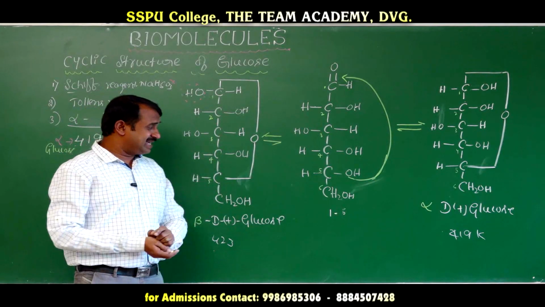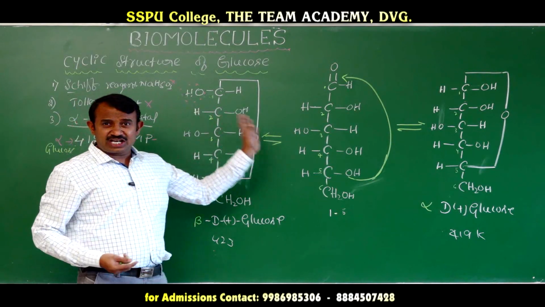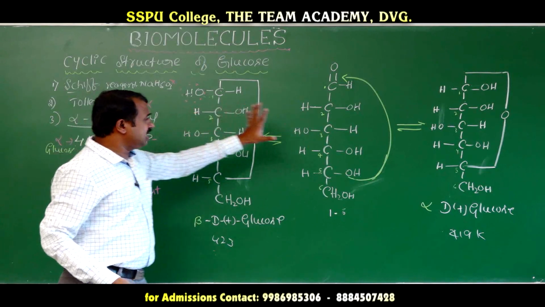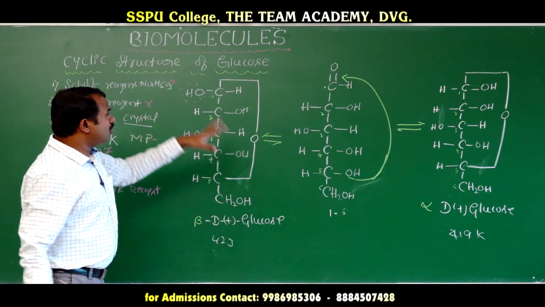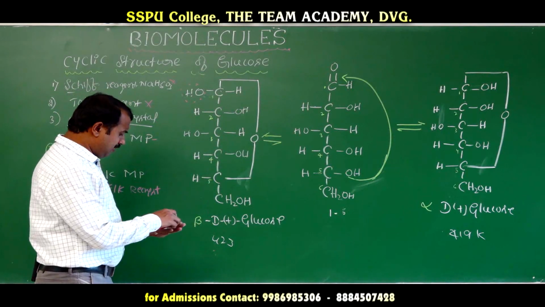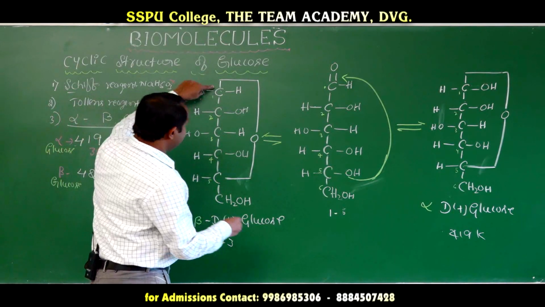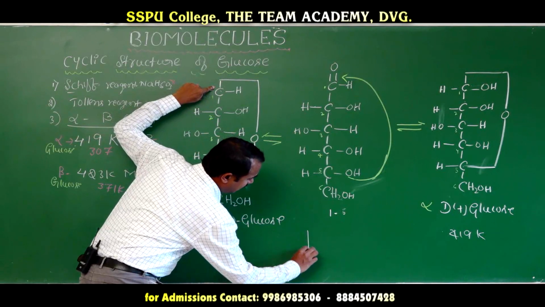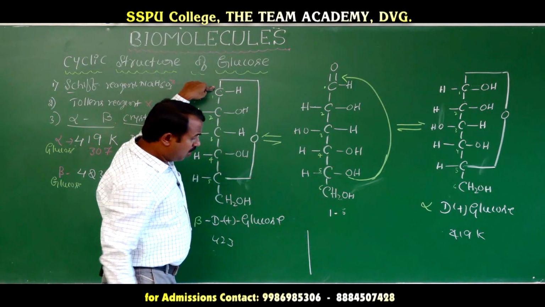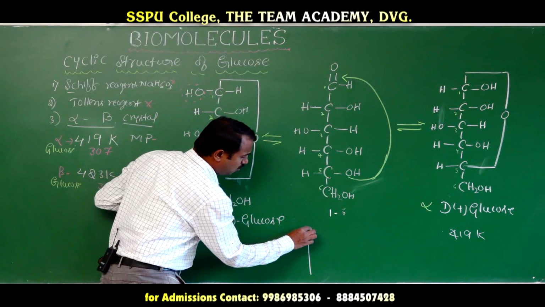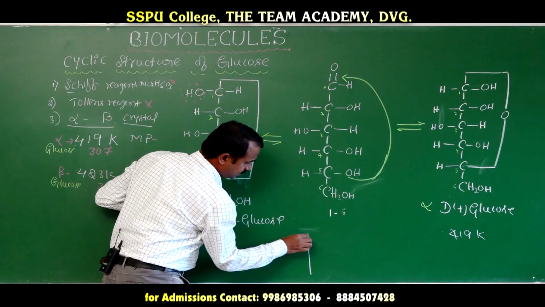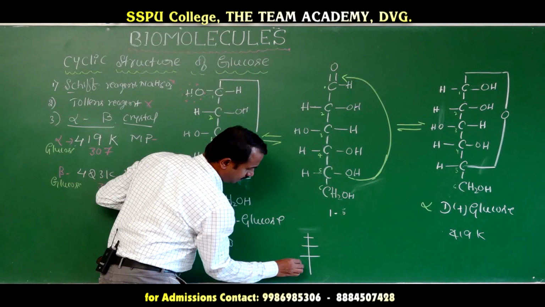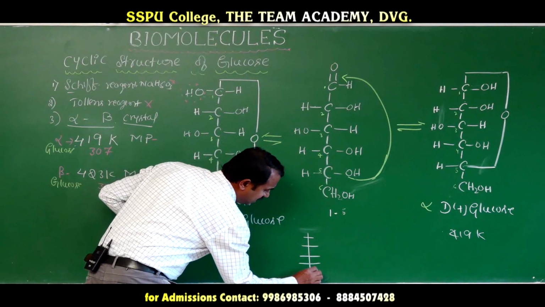Fischer, a German scientist, found out alpha glucose and beta glucose, but now we will go for the bond representation. When we go for bond representation, the total carbons are here. CHO at the top, and the last one is CH2OH.